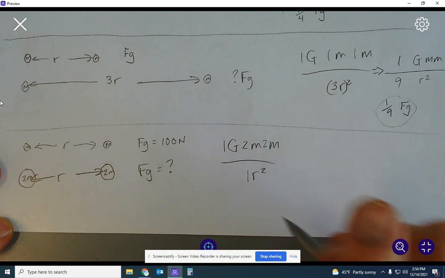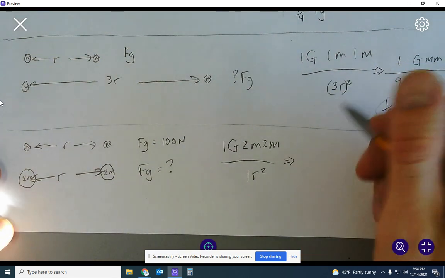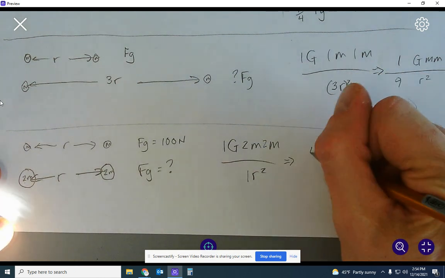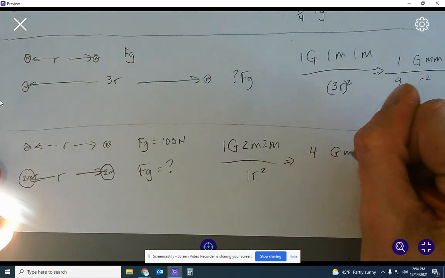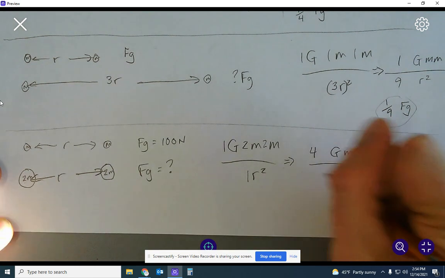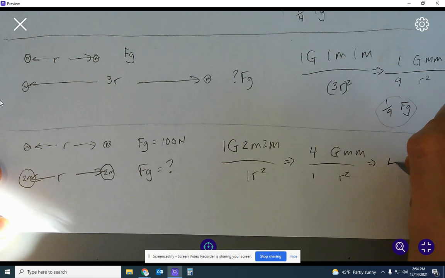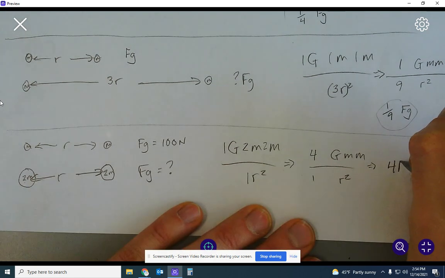So let's factor everything out and figure out how much we're changing the weight by. 2 times 2 times 1 is 4. GMm. And of course, r squared is r squared, and 1 squared is 1. So it looks like I'm increasing the weight by a factor of 4.